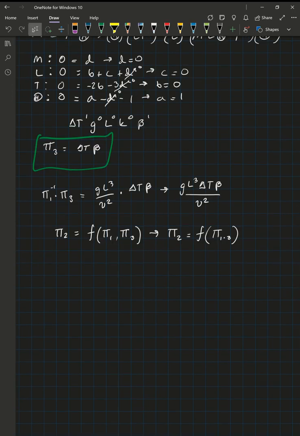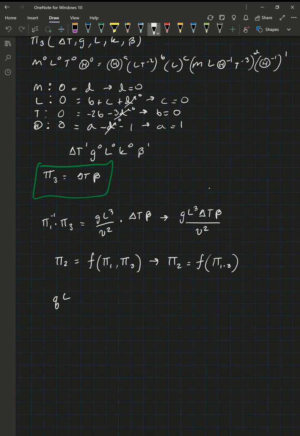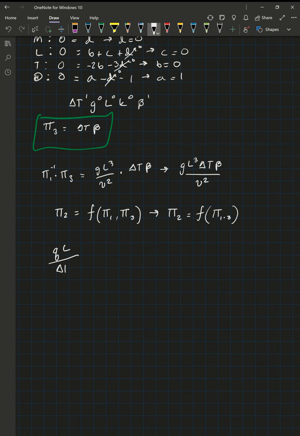So basically what I'm saying is that pi group 2, which is qL over delta t times k, is a function of GL cubed delta t beta all over nu squared. So here are our two dimensionless groups.